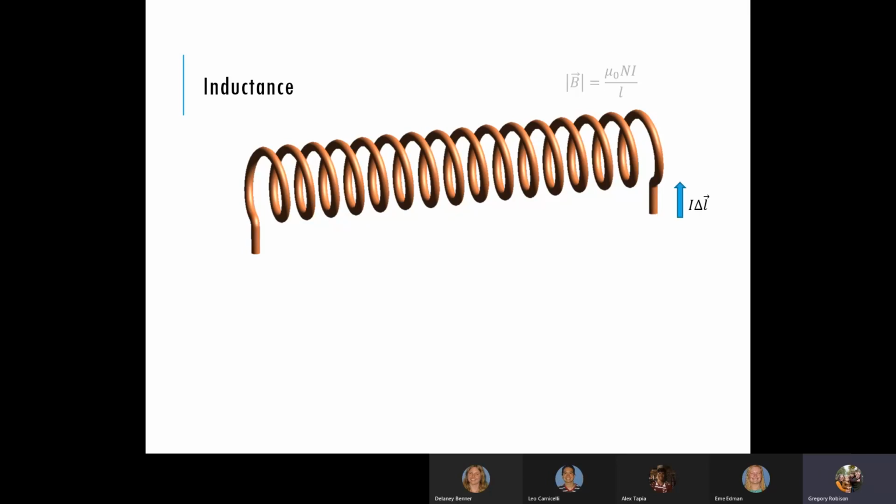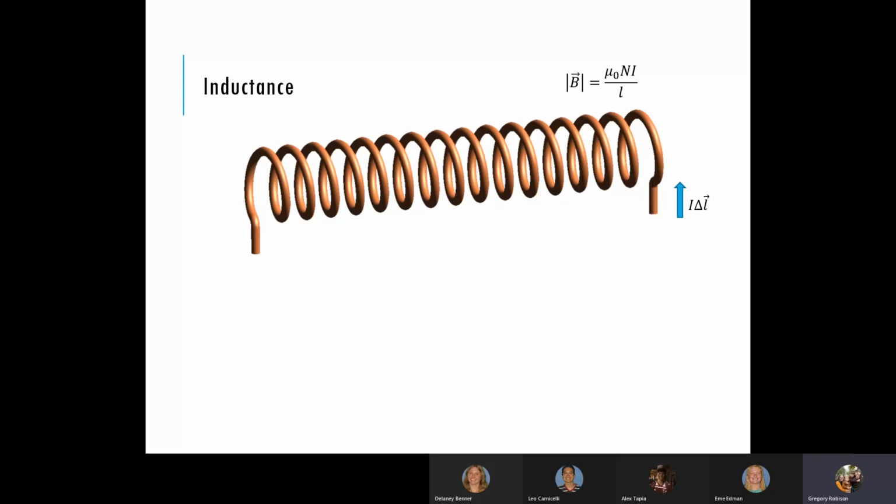Let's say, for example, I'm running current in the solenoid, and as we've already discussed, the magnetic field inside a solenoid is given by mu naught big N I over L. Big N representing, remember what big N represents?